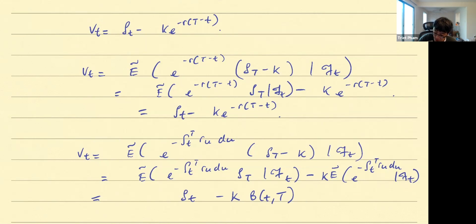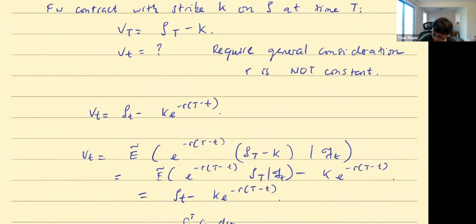So in other words, the most general answer you can give is this. And why do we say it's the most general formula? The reason is, this little r is artificial.